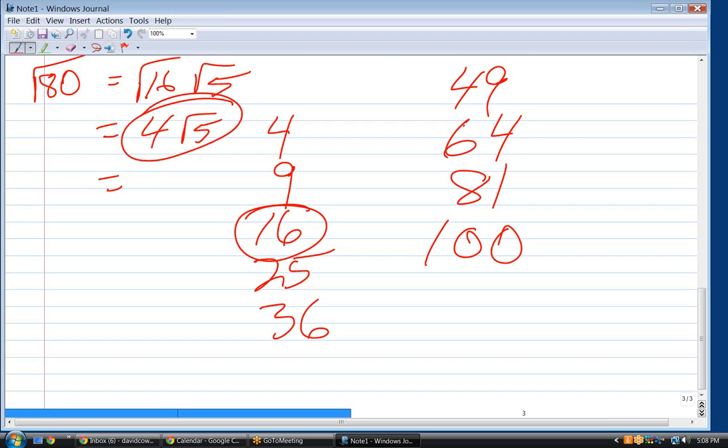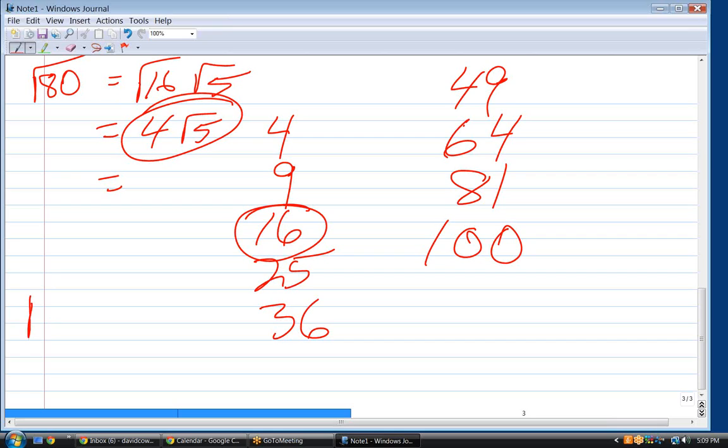Same answer, but I got there a little quicker because I was able to find a bigger factor than 4 right off the get-go. So it's not absolutely necessary that you find the biggest perfect square. You'll eventually get to the final answer, but it makes it quicker if you spot the biggest perfect square.